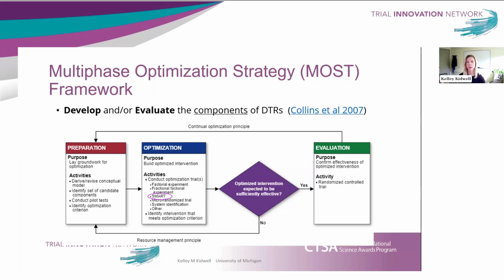This is the MOST framework, and it's really about developing and/or evaluating the components of any multi-component intervention. There's a preparation phase, and then there's an optimization phase, and that's where the SMART can come into play, but there are also other types of trials that could be used in this setting to figure out what the optimal components of the multi-component intervention are.